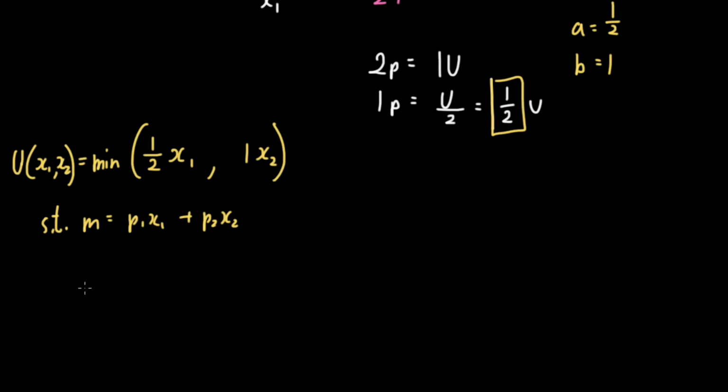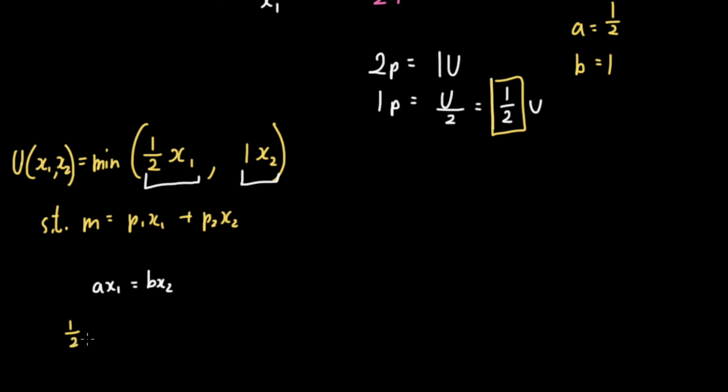So what we're going to do is first see to it that we are following the condition that A x1 is equal to B x2. And the way to do this is simply by getting the information from our utility function. So here, in this case, A is equal to 1/2.